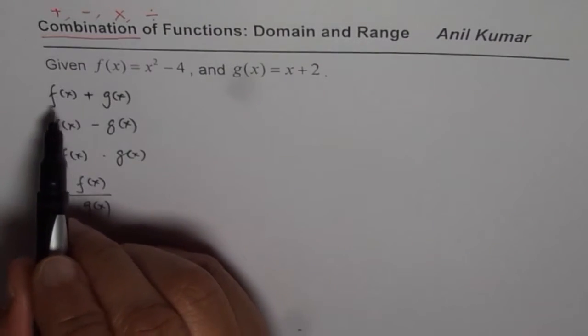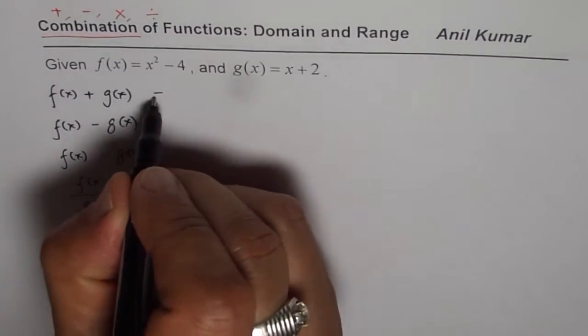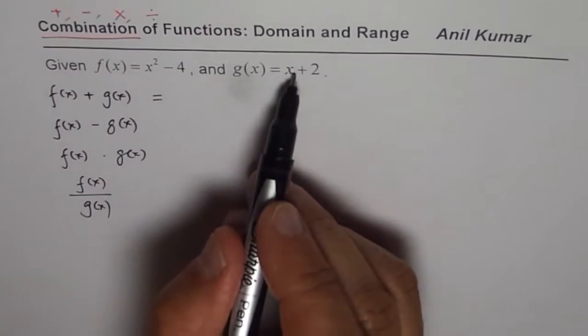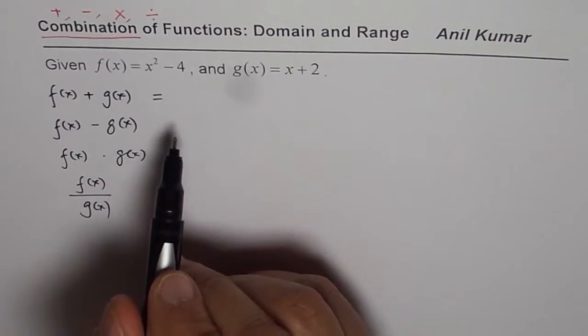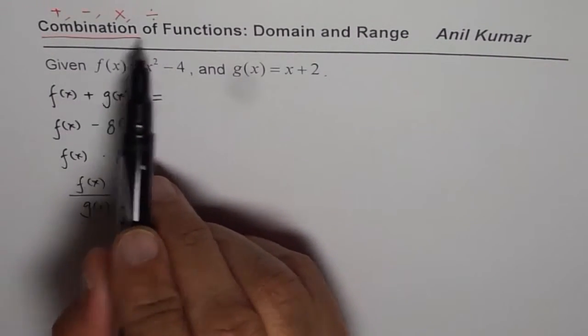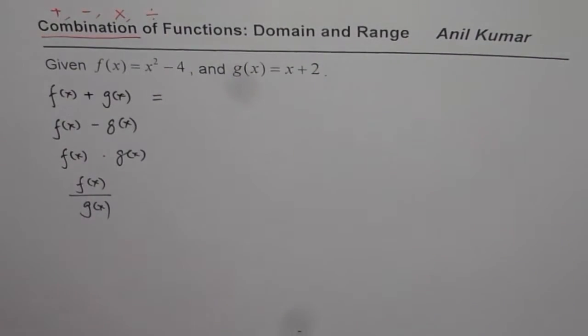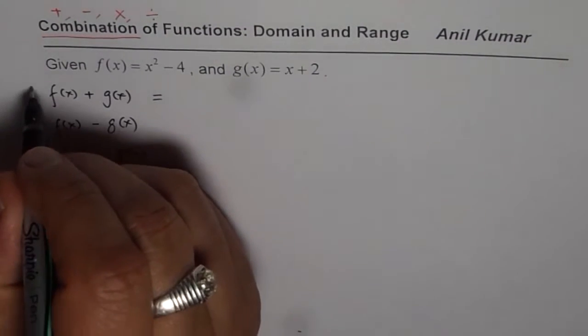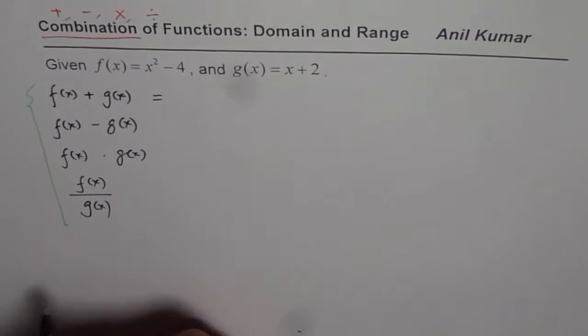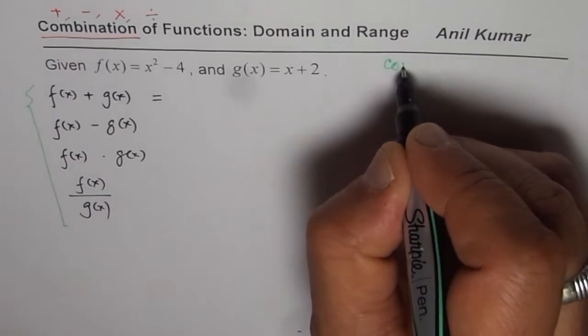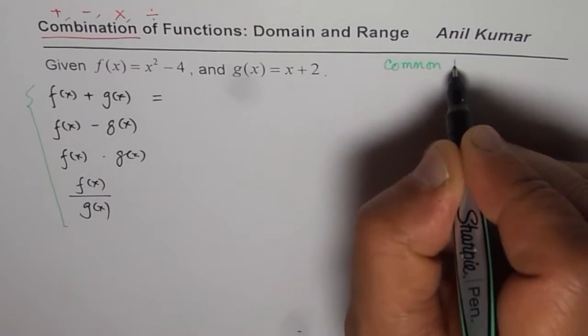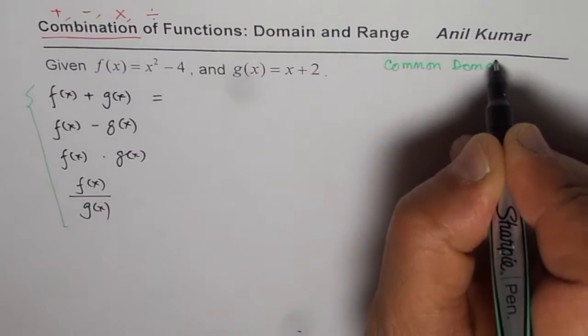Let me begin with f of x plus g of x. What is that equal to? Simply add them. That is what it means, right? Now, whenever we are working on combinations, we can perform all these operations on a common domain. So we should have a common domain. That is very important.